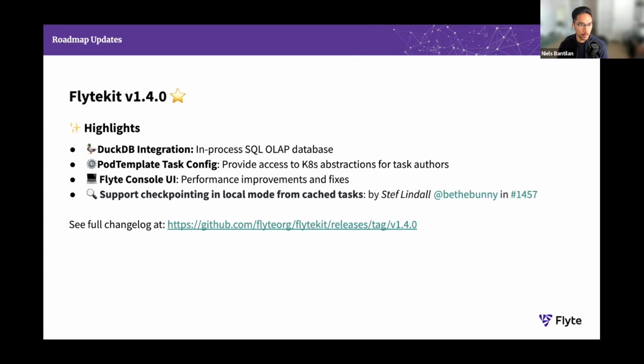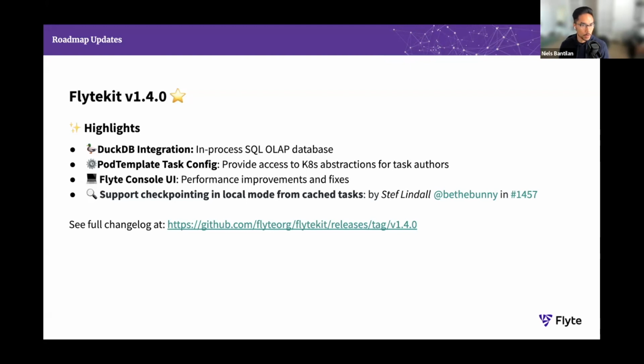We will be following up on this by adding support for pod templates on Spark, Dask, and Ray. There is a PR up for container tasks, so keep your eyes peeled for that. Also huge shout out to Byron from LinkedIn on this effort.